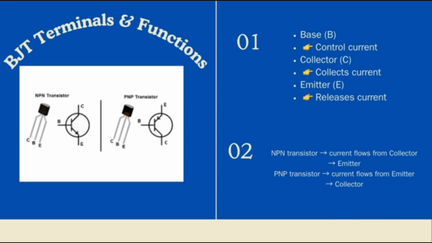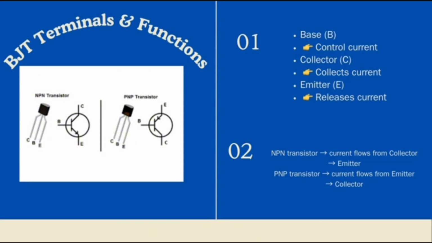In simple terms, a small current at the base controls a large current flowing from the collector to the emitter. This is the main working principle of a bipolar junction transistor. There are also two types of this transistor, which are NPN and PNP. For an NPN transistor, the current flows from the collector to the emitter when the base is activated.